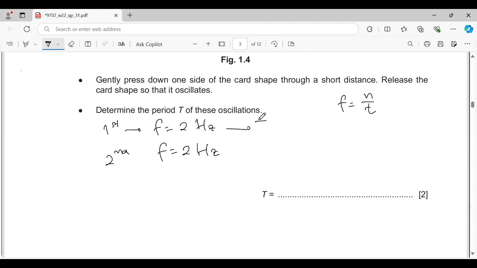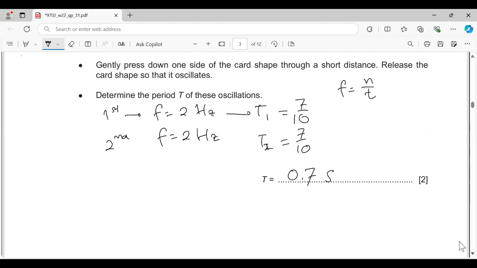And it means the period, the first period is 7/10, and this one as well, 7/10. So the period is 7/10, which is 0.7 seconds.